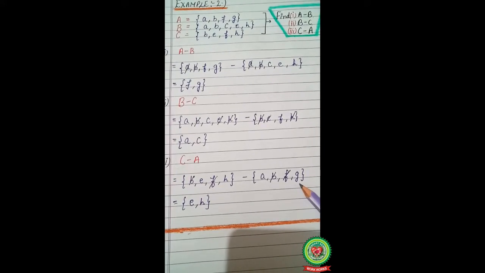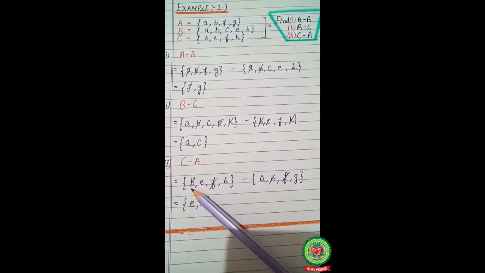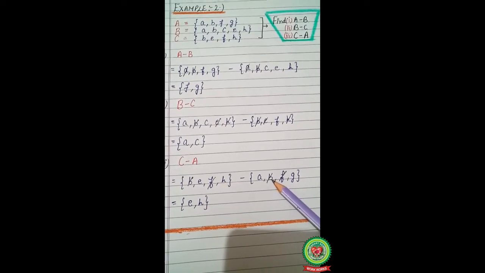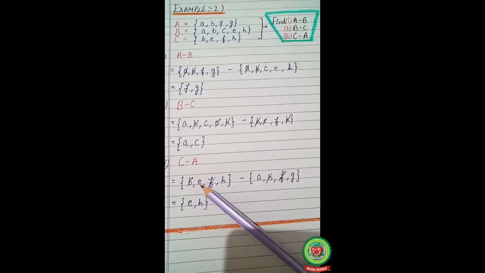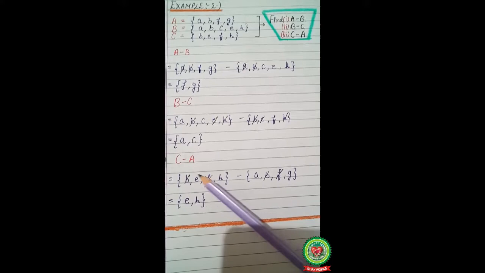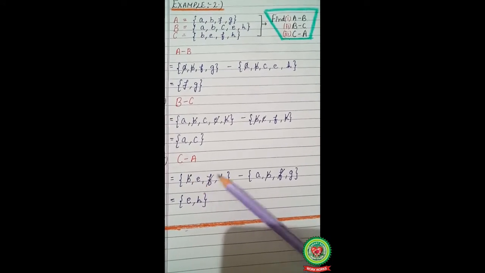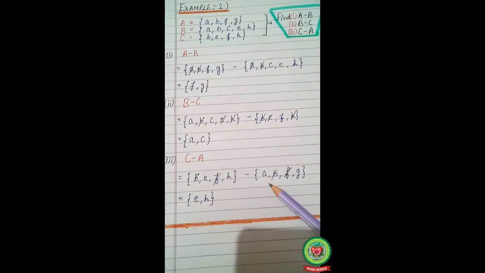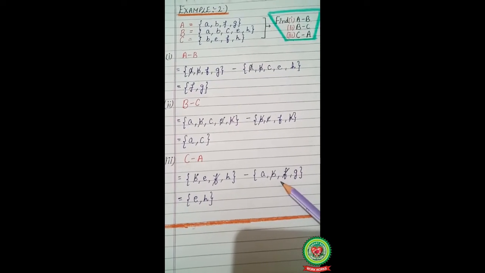Now you will see that B is in the first bracket, in the C set, and B is also present in the A set, so you will cut them. Next, E is in the C set but not in the A set, so you will leave it as it is. Next is F. F is in the C set as well as in the A set, so you will cut them.